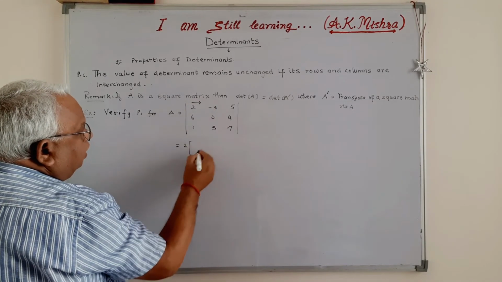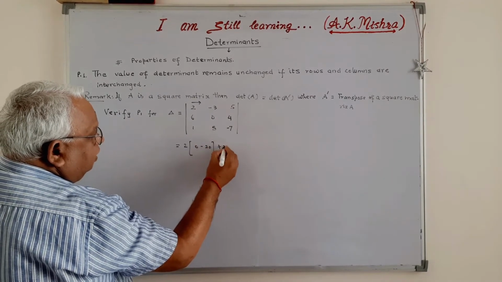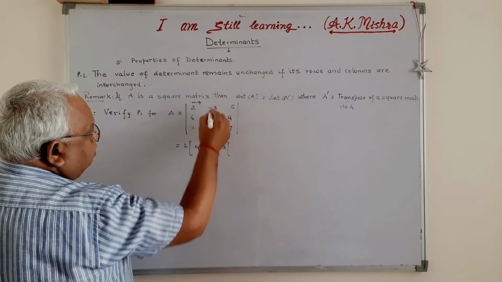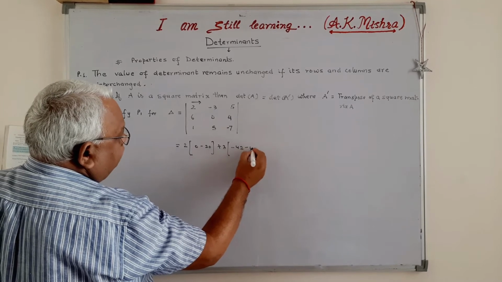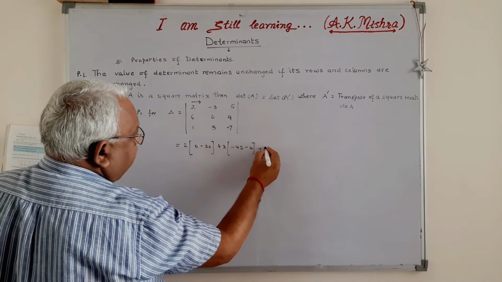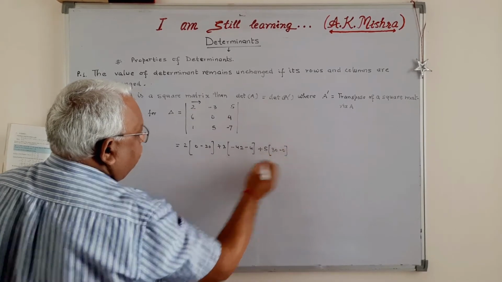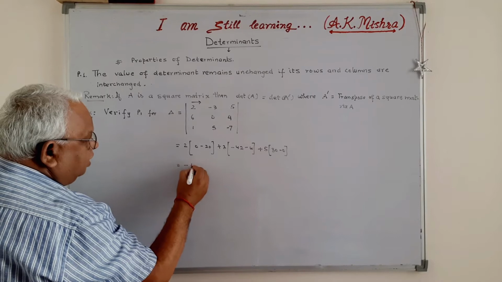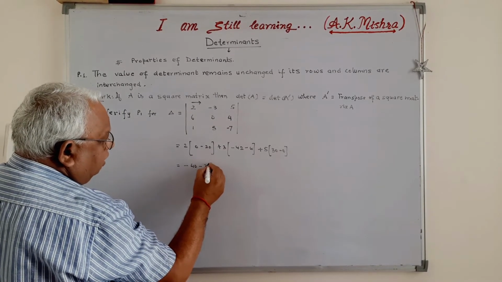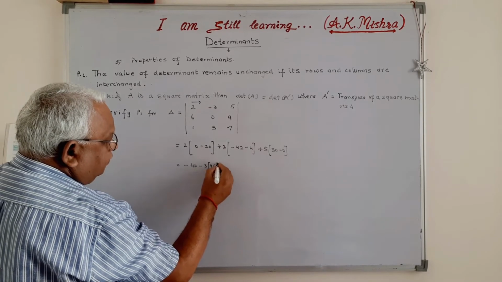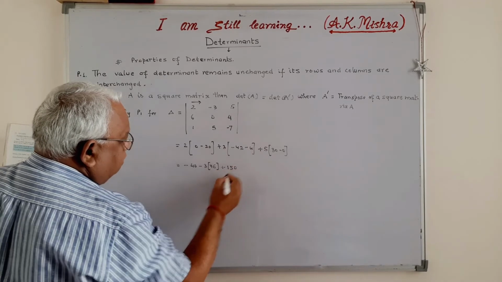So 2 into 0 minus 20, plus 3 into minus 42 minus 4, plus 5 into 30 minus 0, which comes out as minus 40, minus 3 into 46, plus 150.